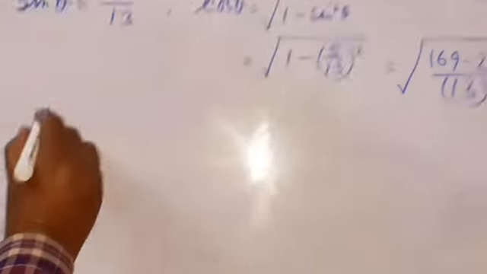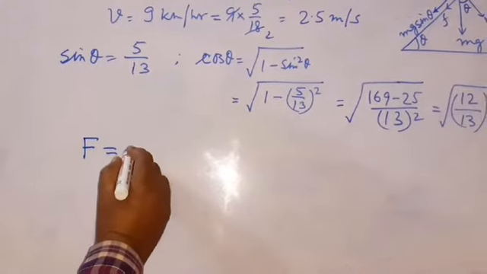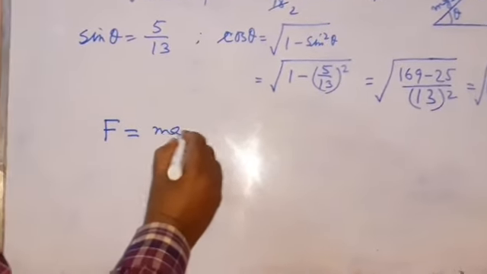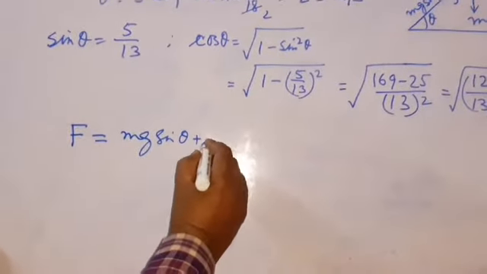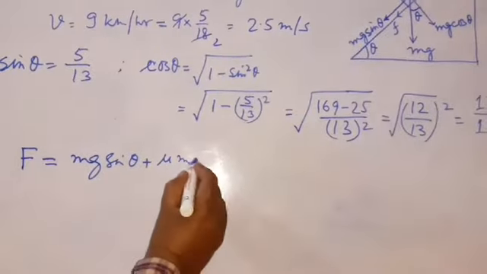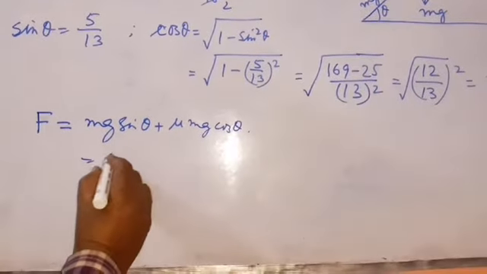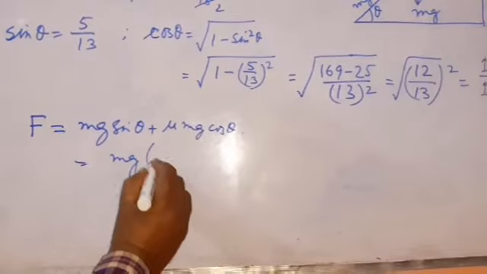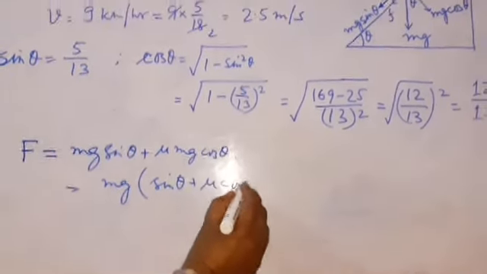So F equal to the total upward force required to pull the object, that is mg sin theta plus F. F means friction. Friction means we can write mu R. Now R equal to what? mg cos theta. So directly we can write mg cos theta. If we take mg common, so mg into sin theta plus mu cos theta.